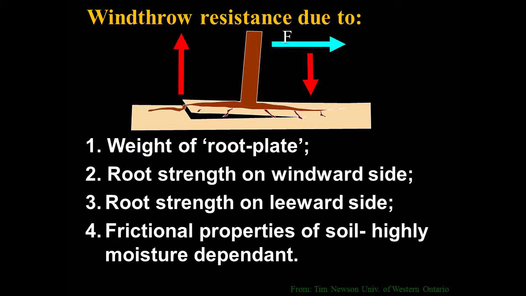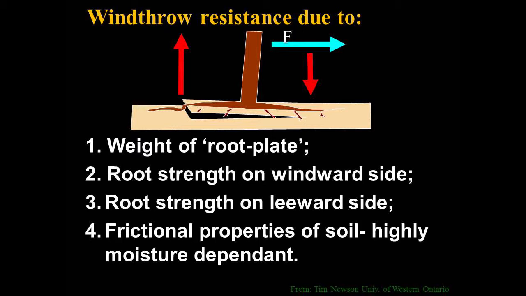The next factor when they start doing regressions, okay, these are the factors that come up. The root strength on the windward side, the root strength on the leeward side, okay, and basically they're pretty similar numbers. So again, those could probably be calculated. You can probably determine the strength of those roots.